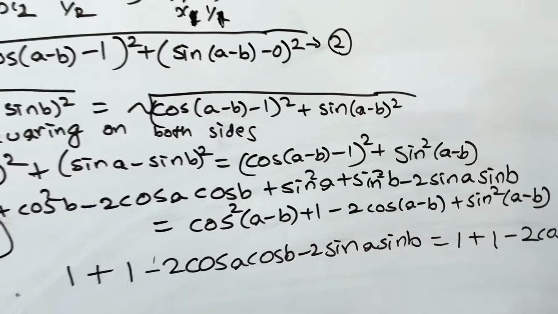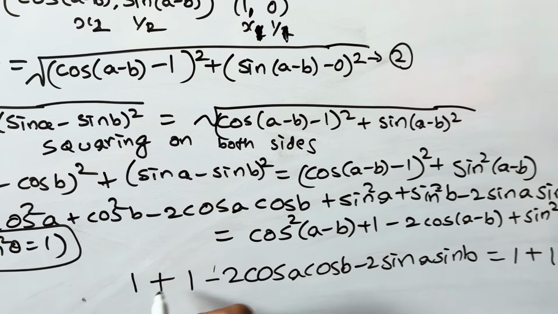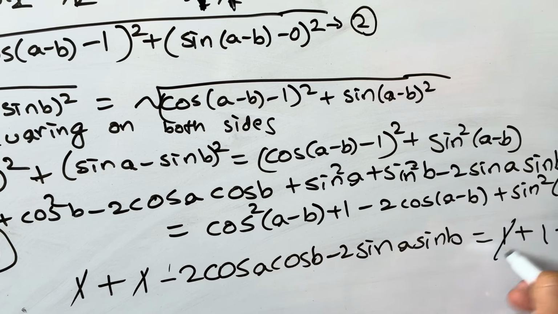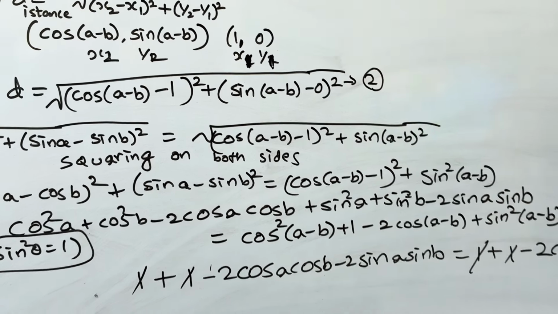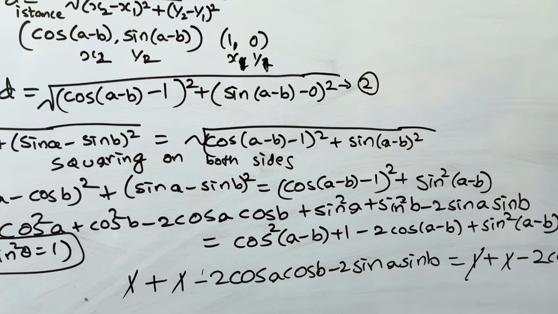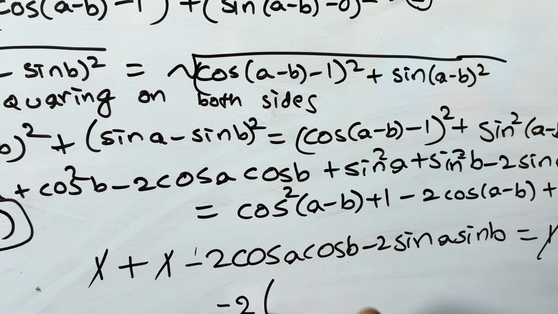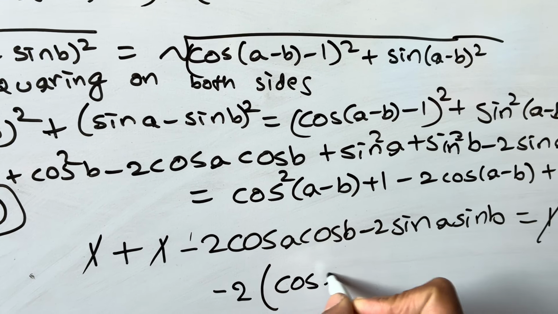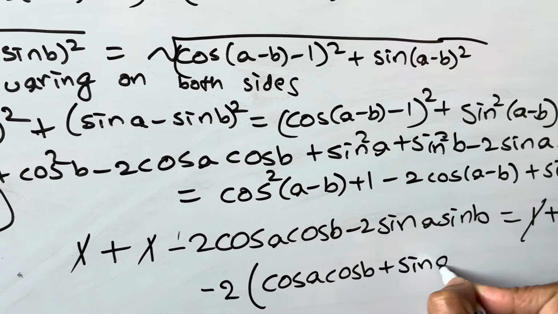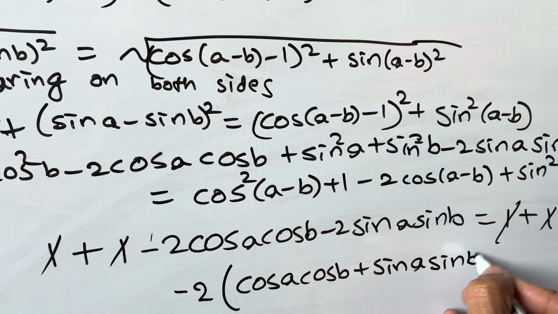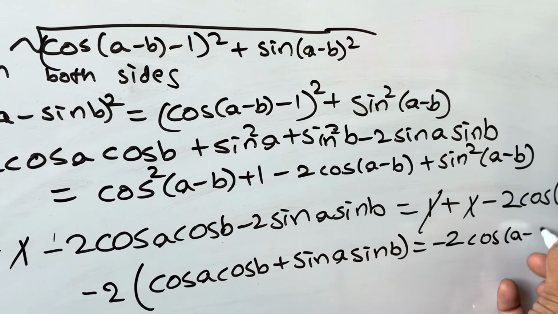So in this equation, there is 2 on the left side and 2 on the right side. So 1 plus 1 is 2, 1 plus 1 is 2, they get cancelled out, and we are left with these terms. I am going to take minus 2 as common here. This leaves me with cos A cos B plus sin A sin B, and here I have minus 2 times cos of (A minus B).